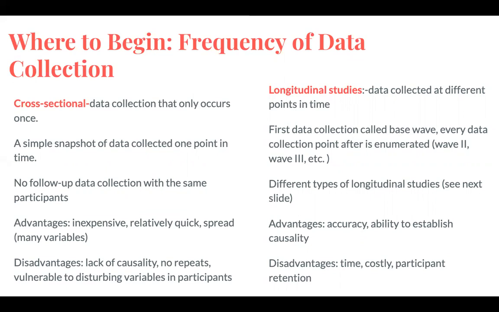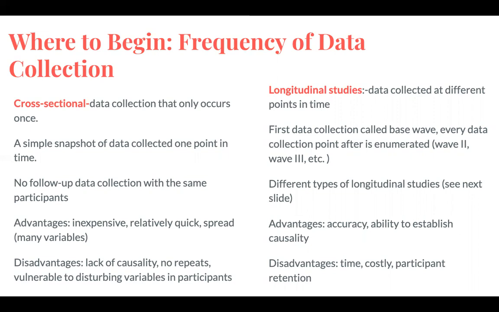But for this chapter, the focus is on how frequently you are going to be collecting data from those people. There are two ways of thinking about this. You can collect the data once, and we call that type of data collection cross-sectional. As your book notes, it's a simple snapshot of data collected at one point in time, and there is no follow-up data collection with these participants.